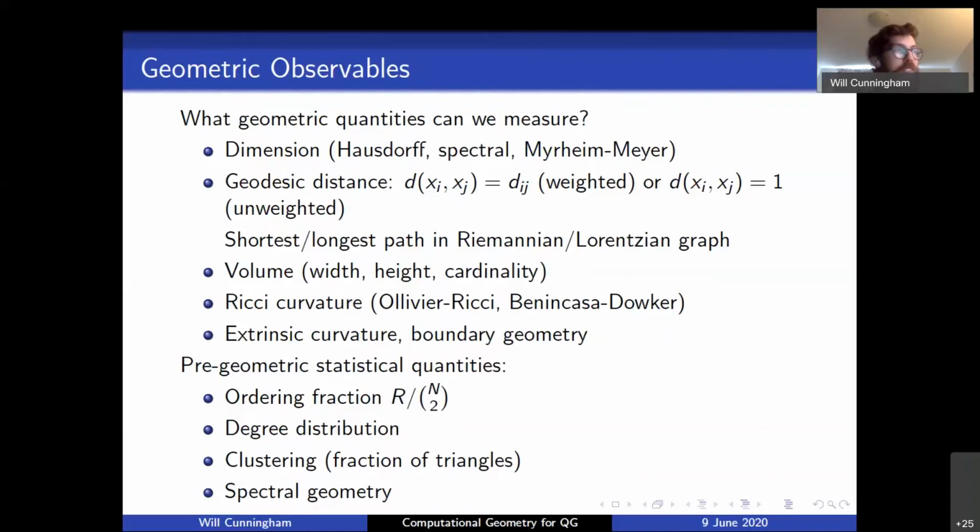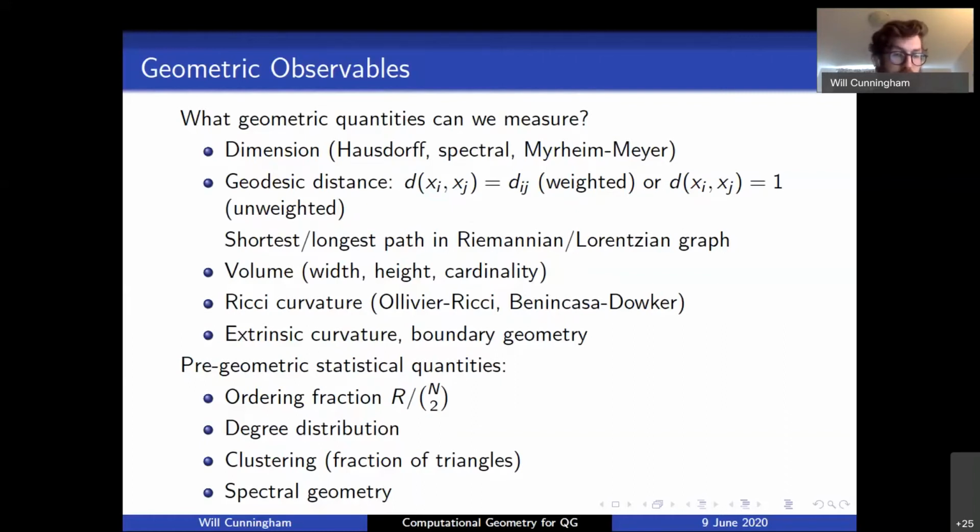Although that's less important, I would argue, in the geometric setting compared to general graph theory, simply because it's so heavily dependent on the region that you choose to study. So it's not going to tell you information really about the underlying manifold. Another interesting property, particularly for Riemannian graphs, is the clustering, and this is the fraction of triangles that are present in the system.